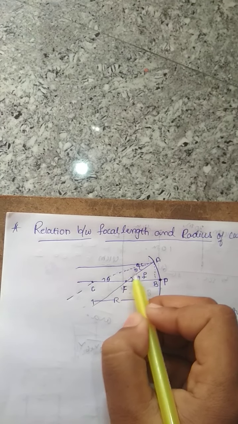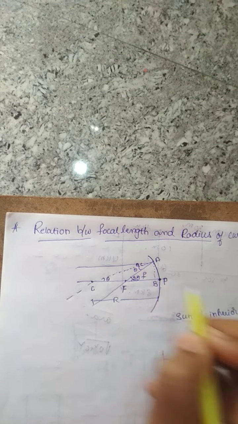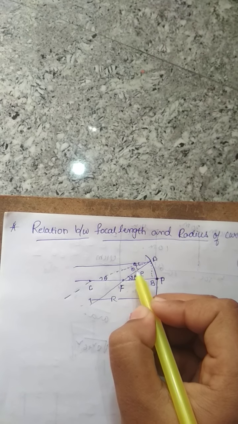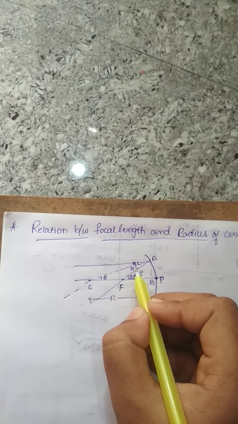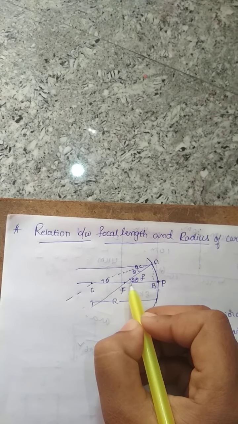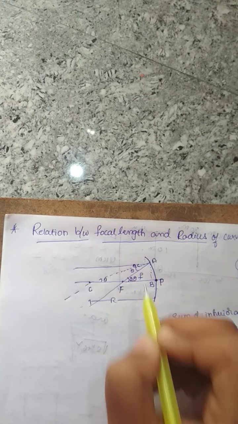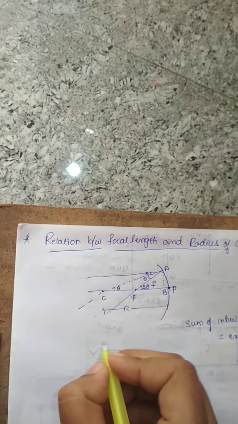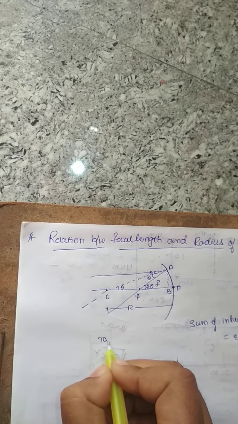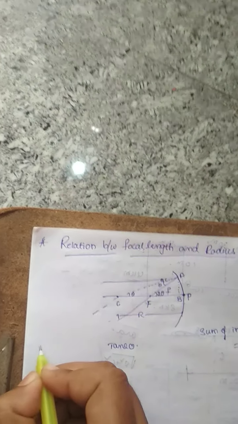Sum means theta plus theta. So these two are the interior angles, and this is the exterior angle. Now consider tan 2 theta from this figure.